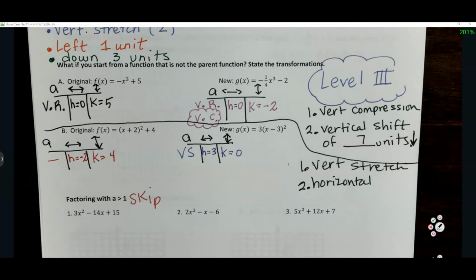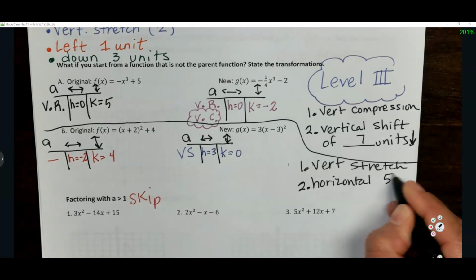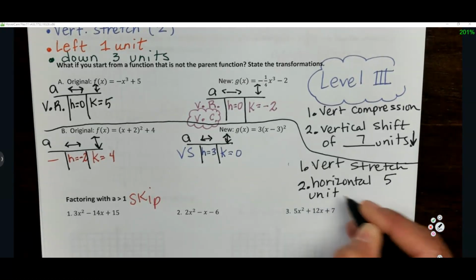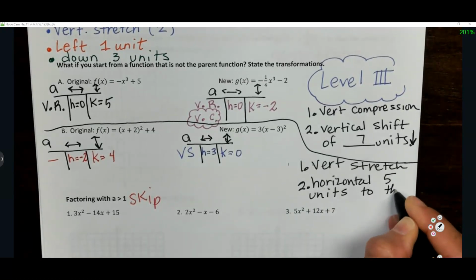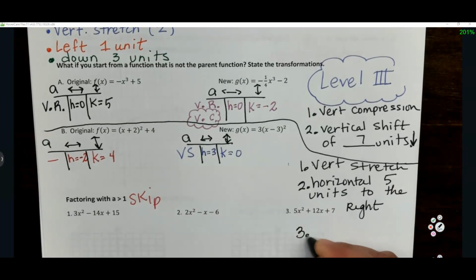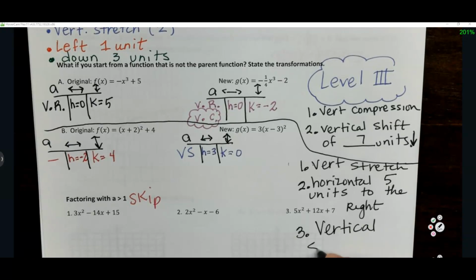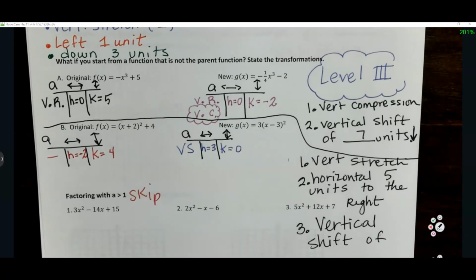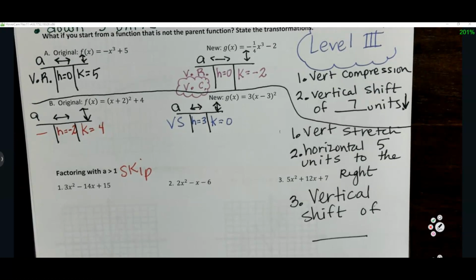To the right or to the left? Right. Horizontal 5 units to the right. You also have a vertical shift. It is a vertical shift of how many units? 4. Up or down? Up.